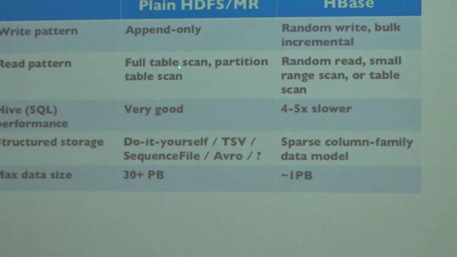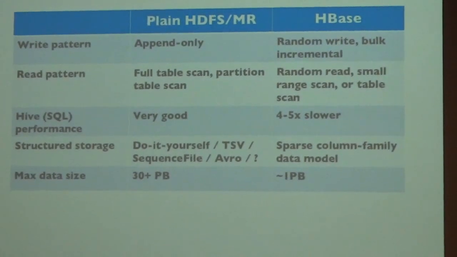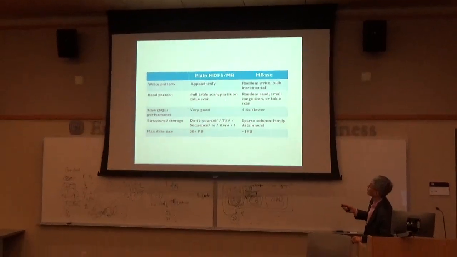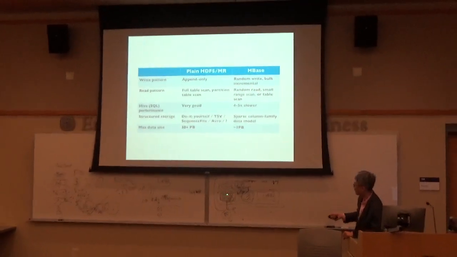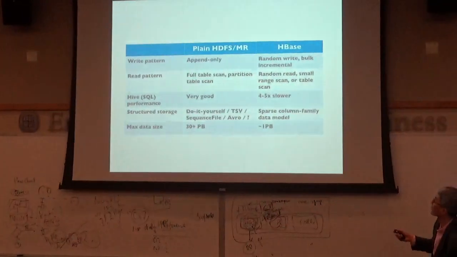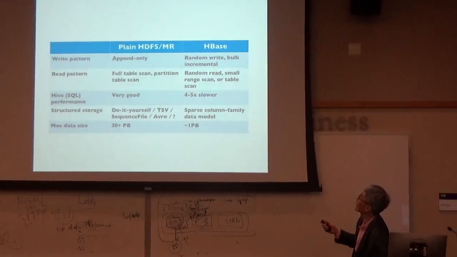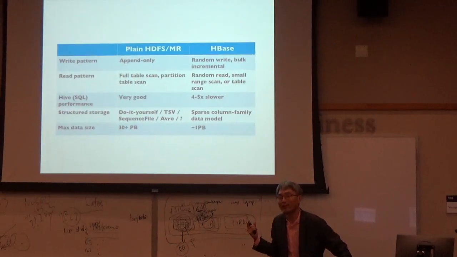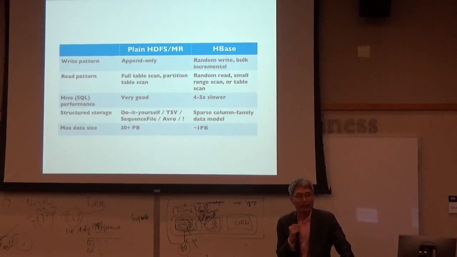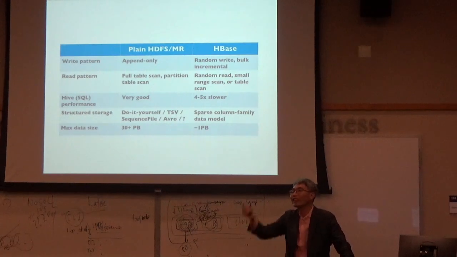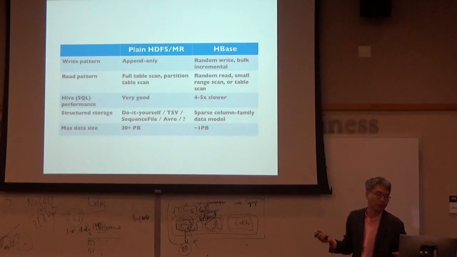And the read in HDFS is mostly a full table scan, which means from A to Z. Read everything partition by partition, because HDFS is a cluster, a distributed file system. But HBase allows random access because later I will show you HBase has the primary key. Actually, the files themselves are sorted by the key. Okay, so we will see.